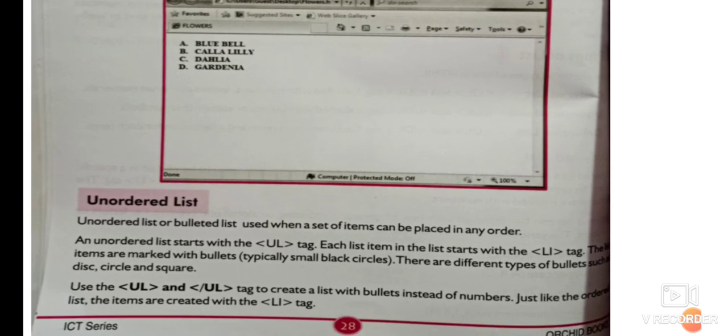Okay, and then unordered list means a list of items will be described in bulleted points. You can either use UL type is equal to circle, or UL type is equal to disk, or UL type is equal to square.